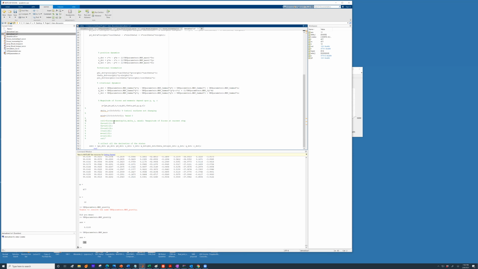Now what I'm doing is I'm calling this function forces moment sp3. Forces moment sp3 is going to give me the value of fx, fy, fz, L moment, M moment, and N moment. So what I want you to do is please observe the input to this function.